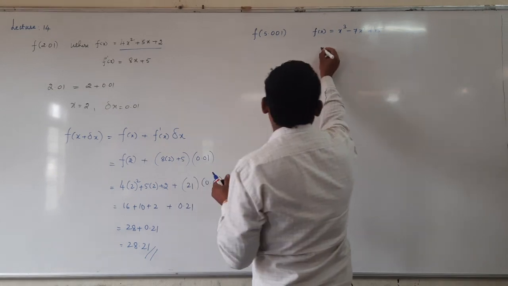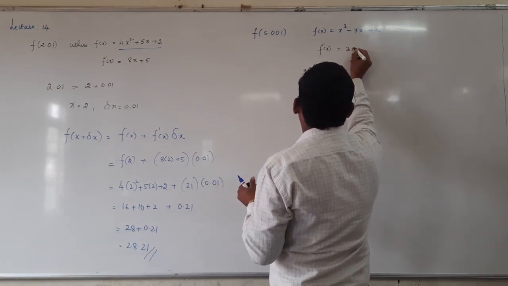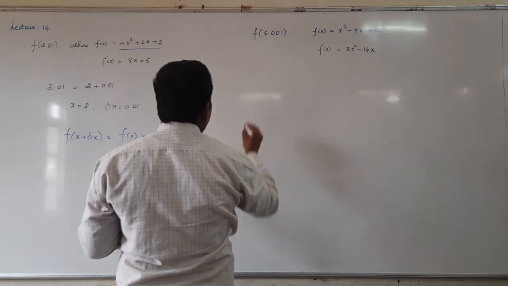Already f of x is given, just write its f dash x. f dash x equal to 3x square minus 14x, right?